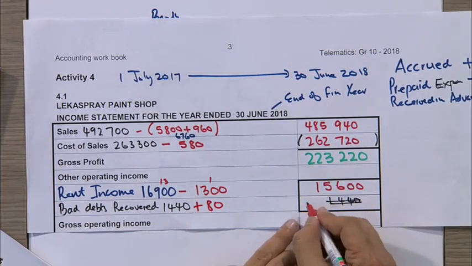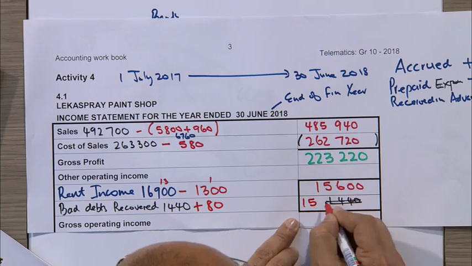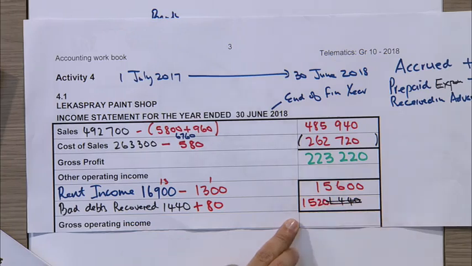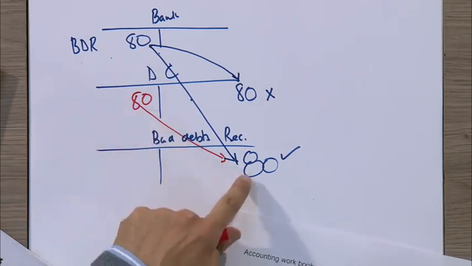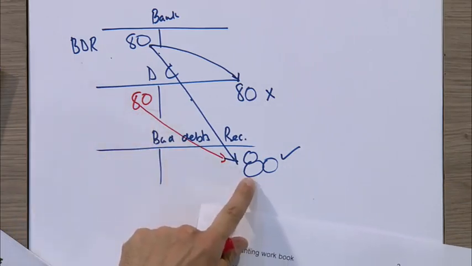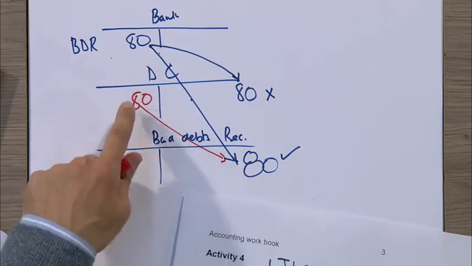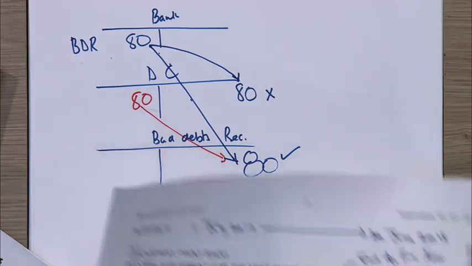Then it will become 1,520. That will be the bad debts recovered total. So please, it's not an accrued income, because the double entry will be debtors control and bad debts recovered. Okay, so it's not accrued income and bad debts recovered.